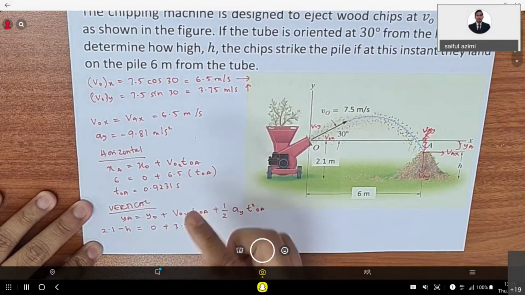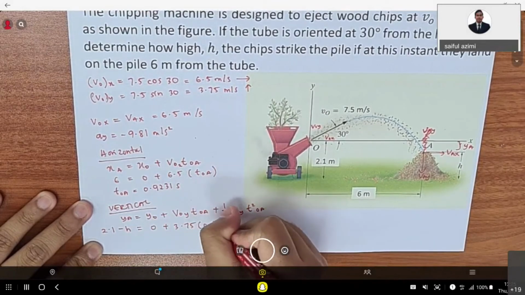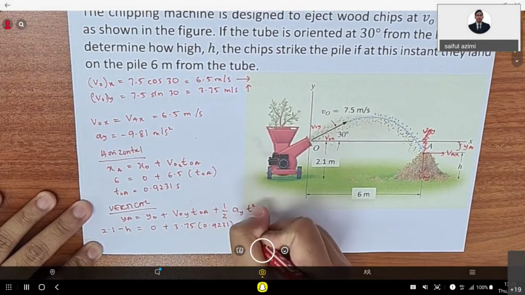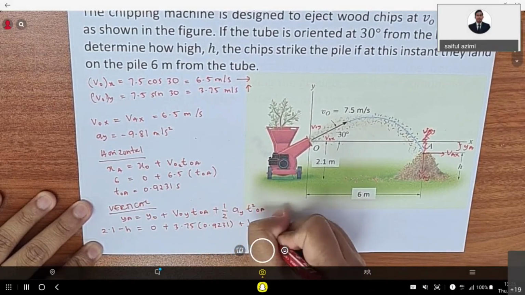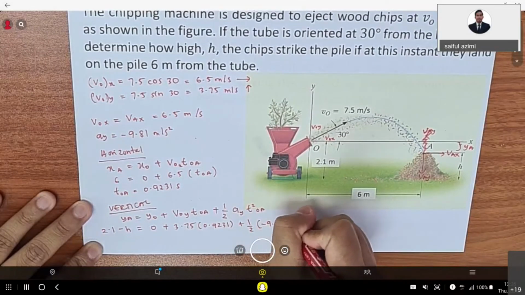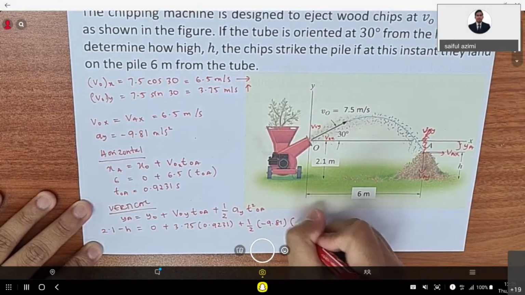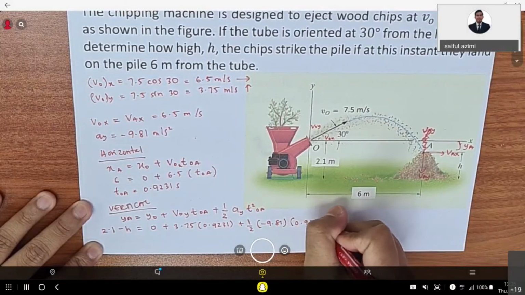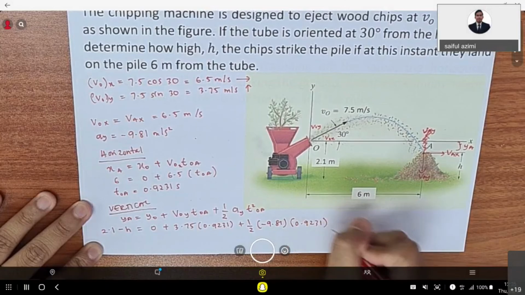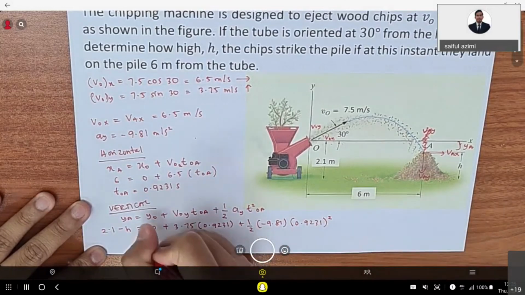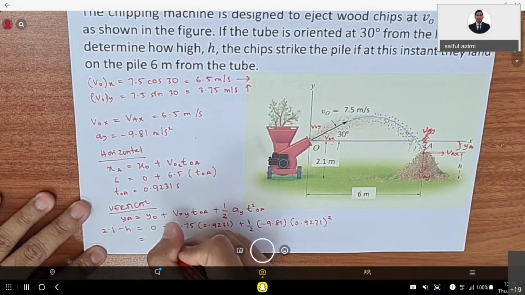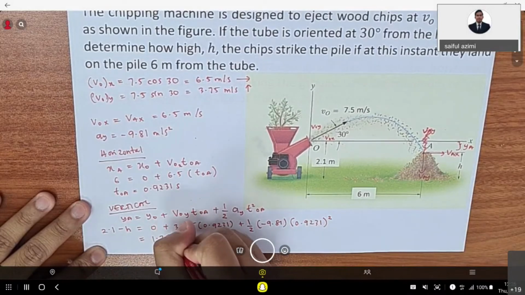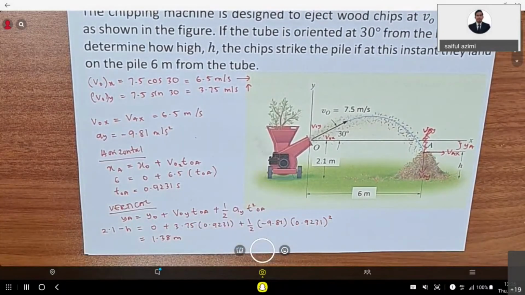UA you already got here, multiplied by 0.9231 plus 1 over 2, negative 9.81, which is the AY, multiplied by 0.9231 squared. Okay, then you will get the answer of 1.38 meter. Right?